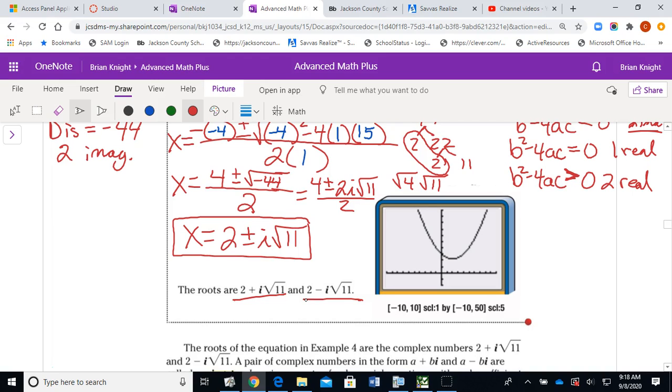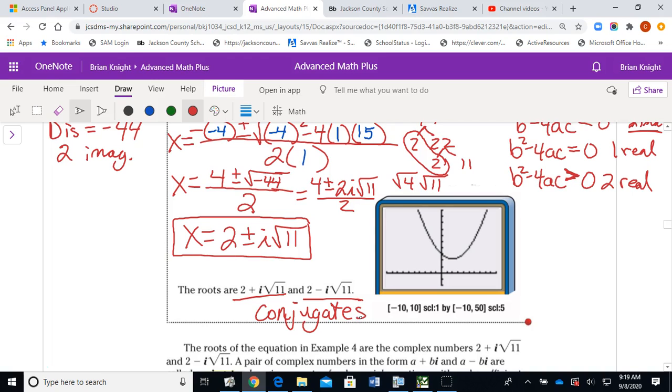So, now, I do want to talk to you about these 2 things. Your imaginary answers, I told you, will always come in pairs, and they will always be related. They will always be the same, just one will be positive, one will be negative. Okay? And those are called conjugates. Everybody understand that? And if you're talking about solutions, they always come in pairs.